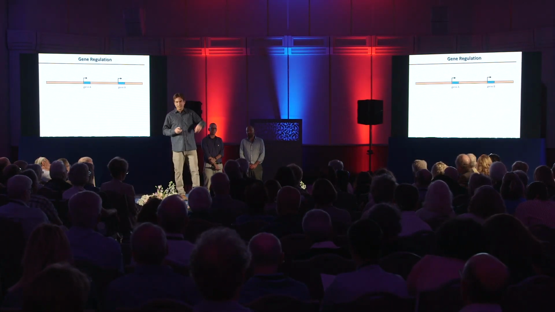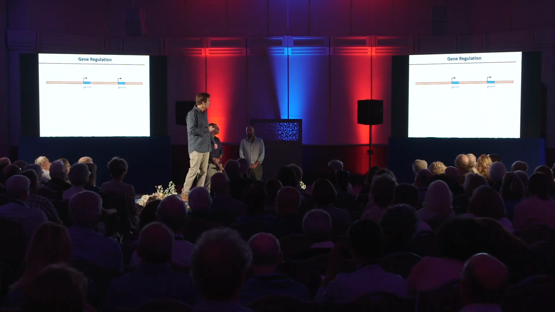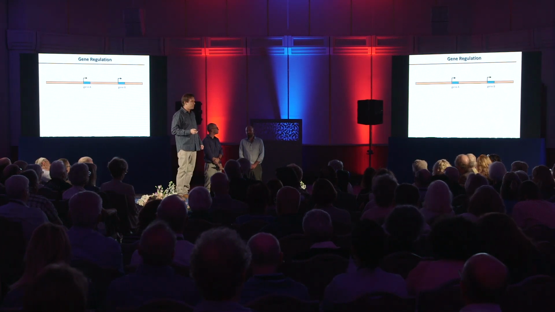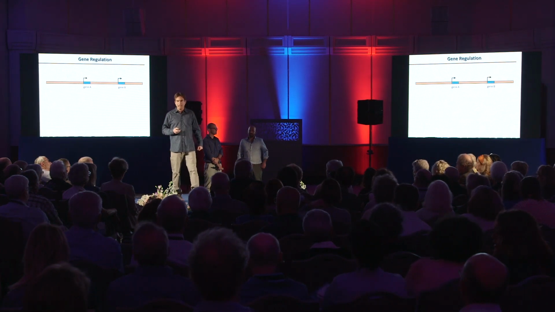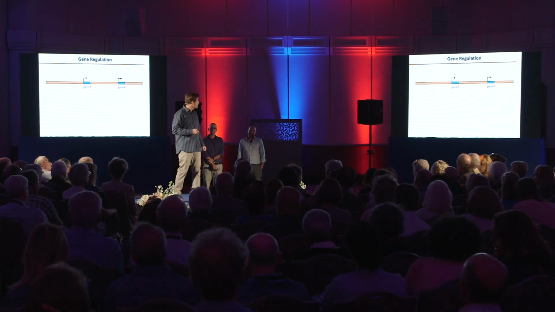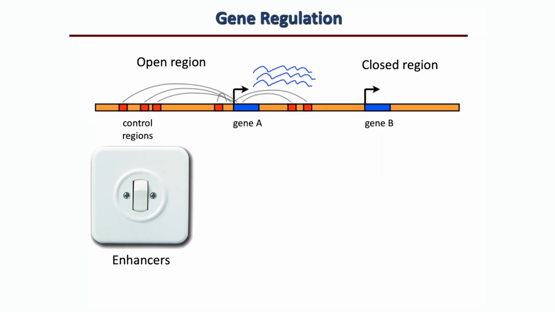So what you see here is DNA, and you see two genes, gene A and gene B, but apparently in order for gene A and gene B to be operative, we have other regions in the genome called enhancers. These enhancers function like a remote switch. When they are rewired correctly, they can turn genes on and off.